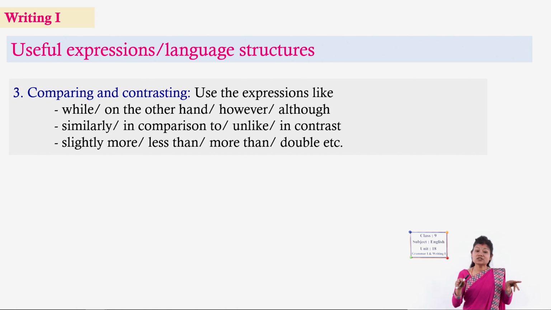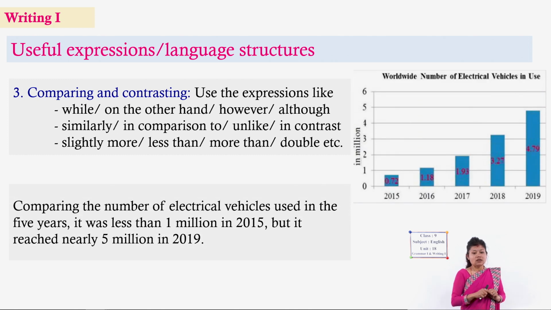These are some of the expressions which help make your paragraph look beautiful. So, comparing the number of electrical vehicles used in the 5 years, it was less than 1 million in 2015. In any way you can write, just presenting the information in a suitable sentence.